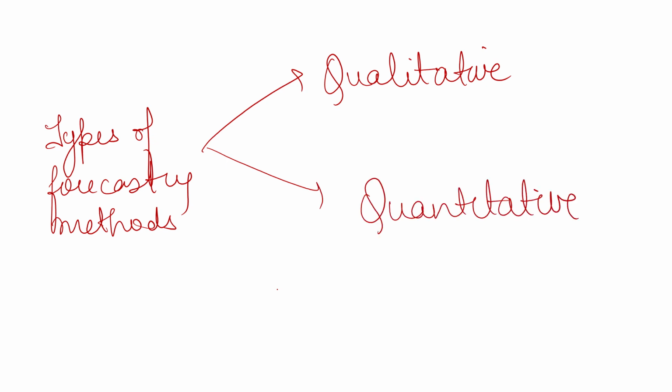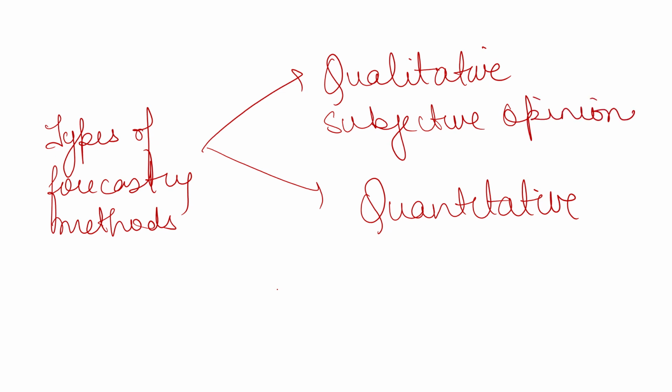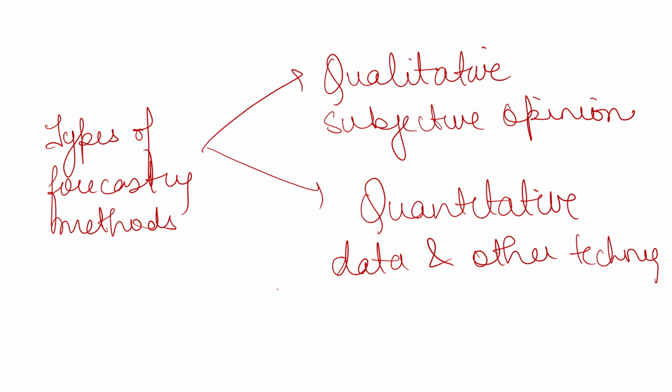By qualitative, we rely on subjective opinion of one or more experts. Whereas in quantitative method, we rely on data and other techniques. It is not dependent on any expert's opinion. In quantitative, we only rely on data and actual proofs.